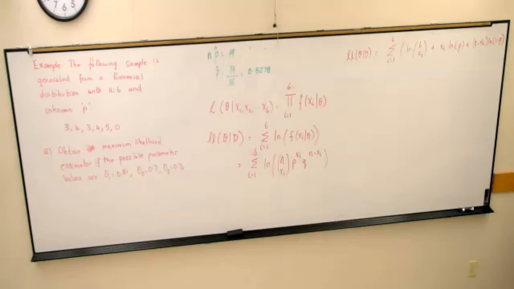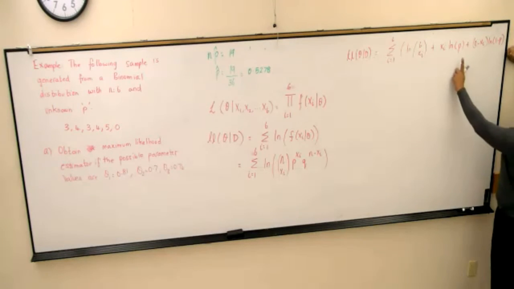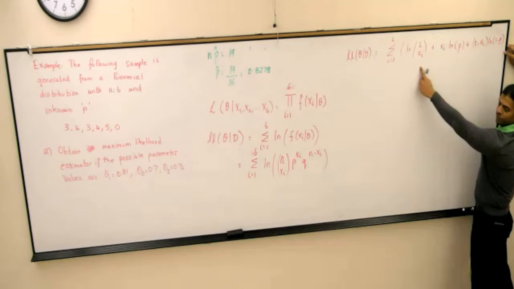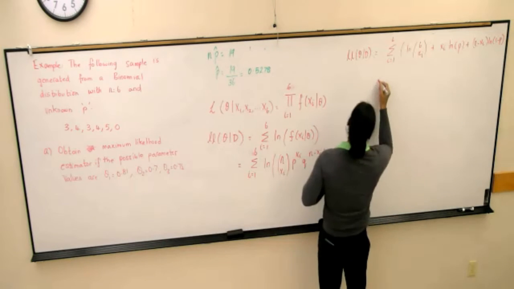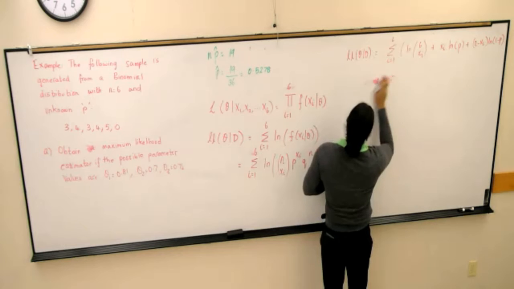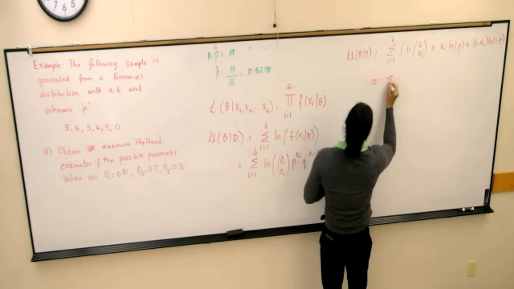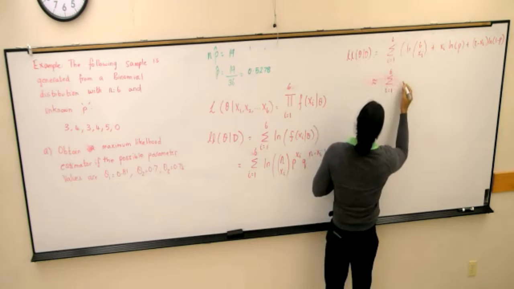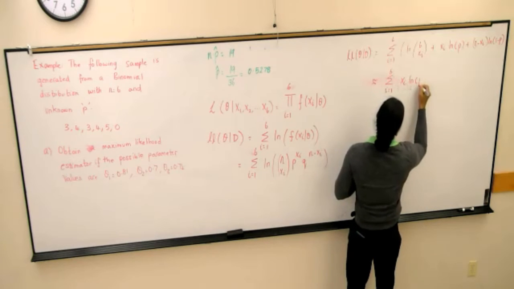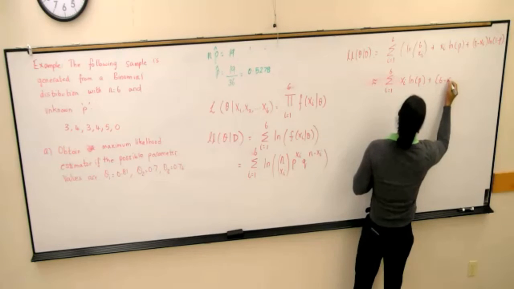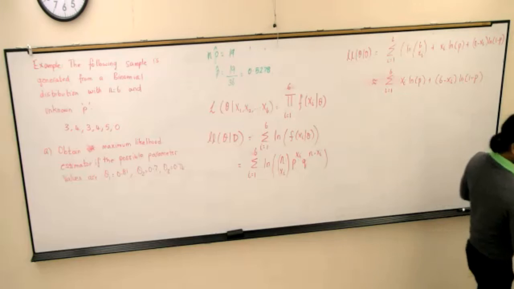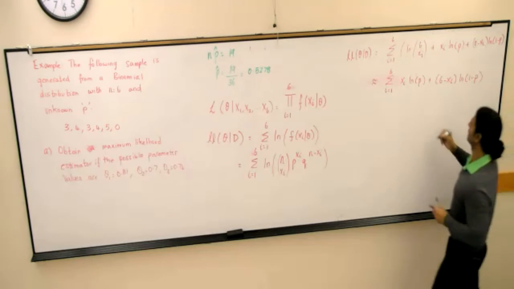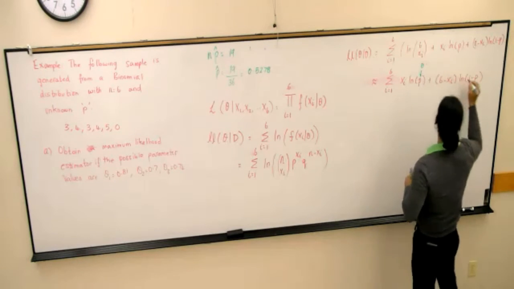Not for different values of theta, because that part will never change. So I could simply say this is approximately xi ln of p plus 6 minus xi ln of 1 minus p, and p in this case is nothing but the parameter theta.